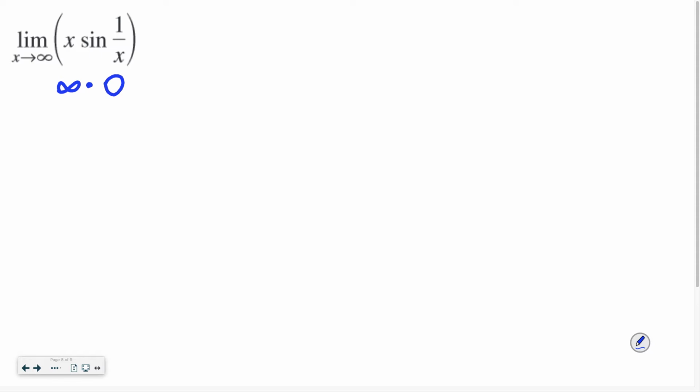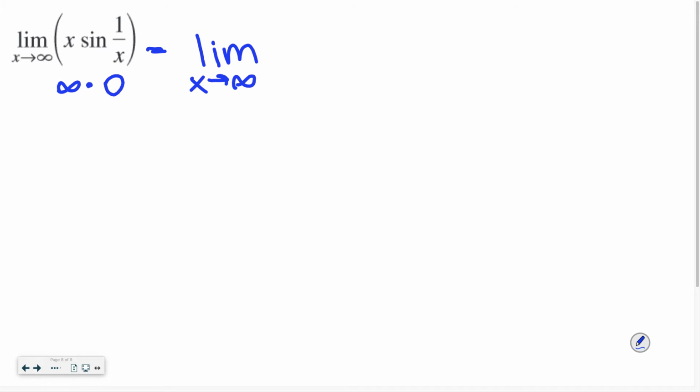Well, we actually have to make this a fraction. In order to use L'Hopital's rule for an indeterminate form, we have to force it to be a fraction. In the previous example, we had a negative exponent that was really easy to move down. We don't have that here, but we do have an x to a power, right? And what can we do with that x to the power?